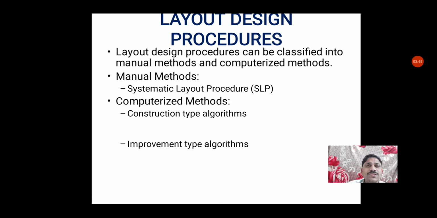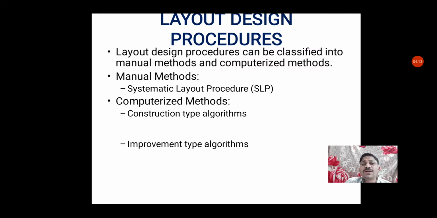So basically the layout design procedures are of two types, manual method and computerized method. Within the manual method there is only one type, the systematic layout design procedure, and within the computerized methods there are two types, construction type algorithm and improvement type algorithm.